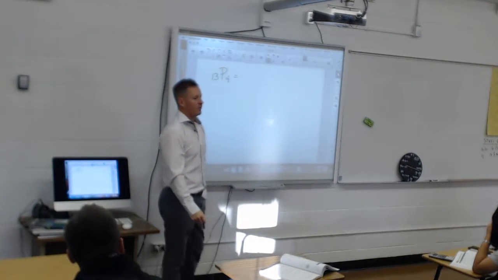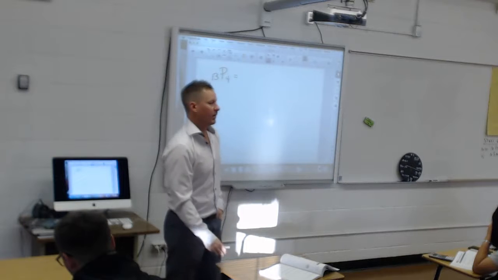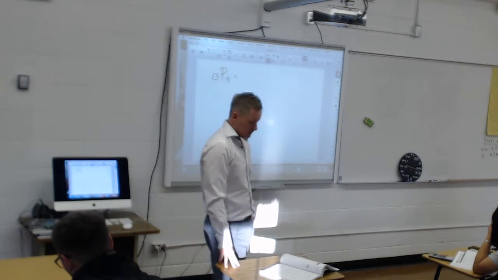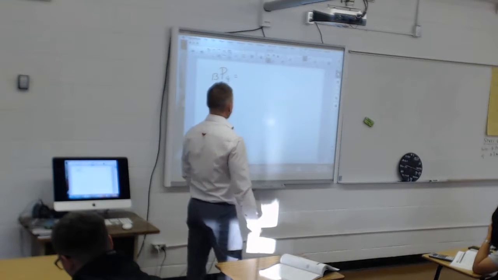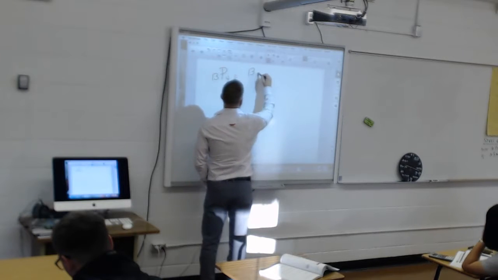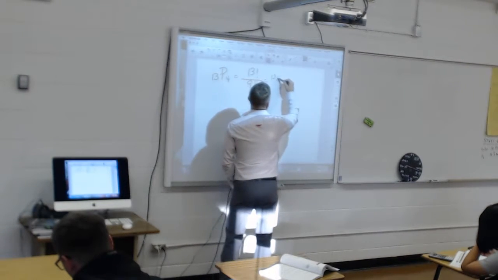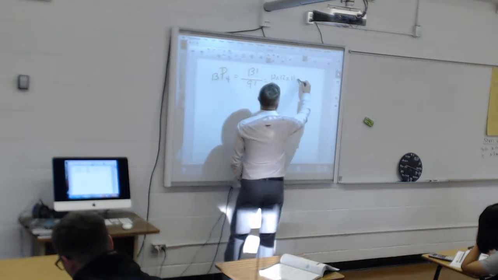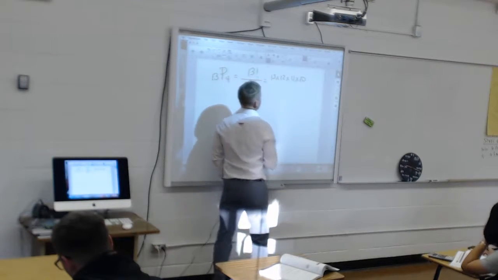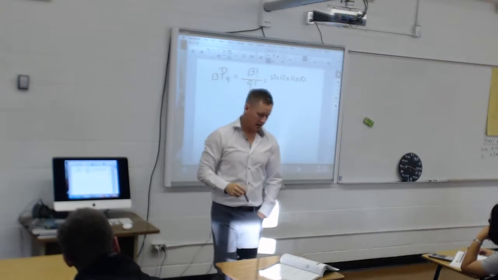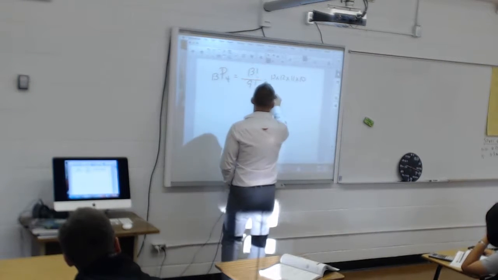So I have 13P4. So they want the order in which it happens. So what's 13P4? Well, that's 13 factorial over 9 factorial, which is 13 times 12 times 11 times 10, which is 17,160.